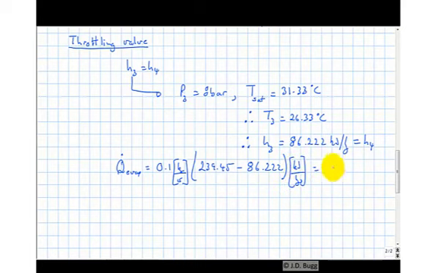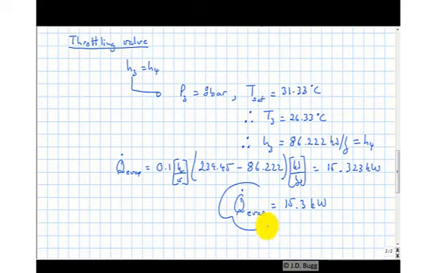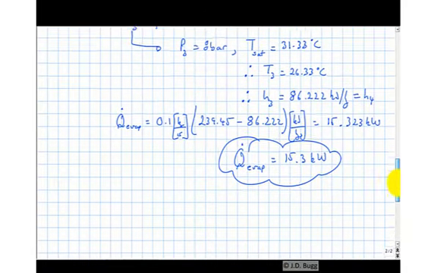So this works out to 15.323 kilowatts. Okay, so Q dot evaporator, which is the refrigeration effect, is 15.3 kilowatts. So that's our first part of this.